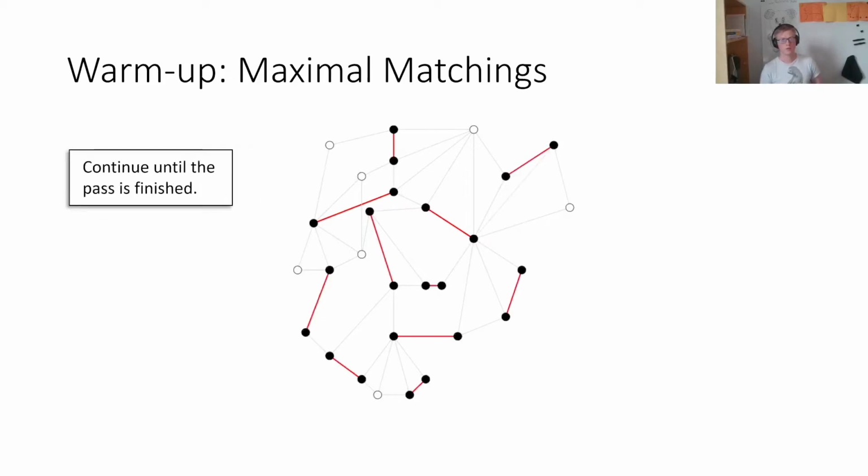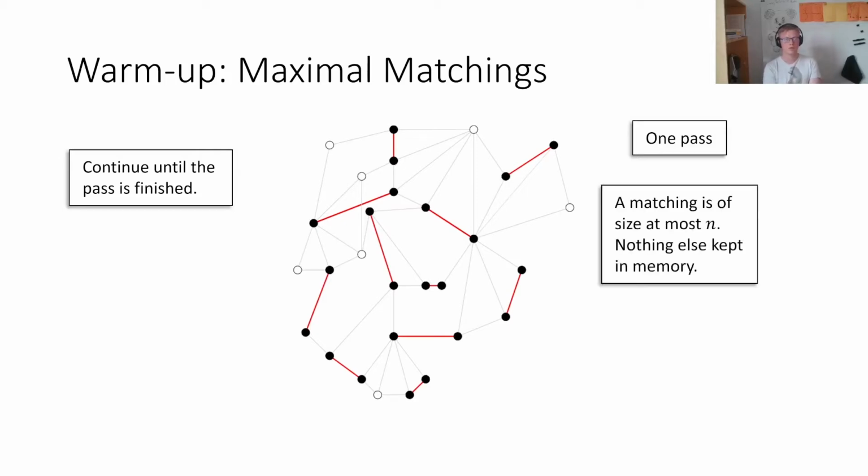And then we continue until we have gone through all the edges once and we have obtained a maximal matching. And you can see that for any edge that could be added, when we considered that edge, we would have added it to the matching, so this thing has to be maximal. Clearly, we just need to go over the stream of edges once.